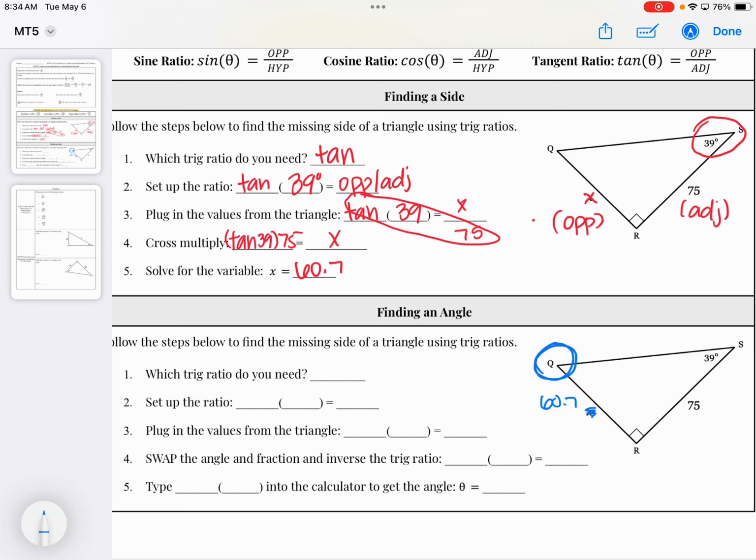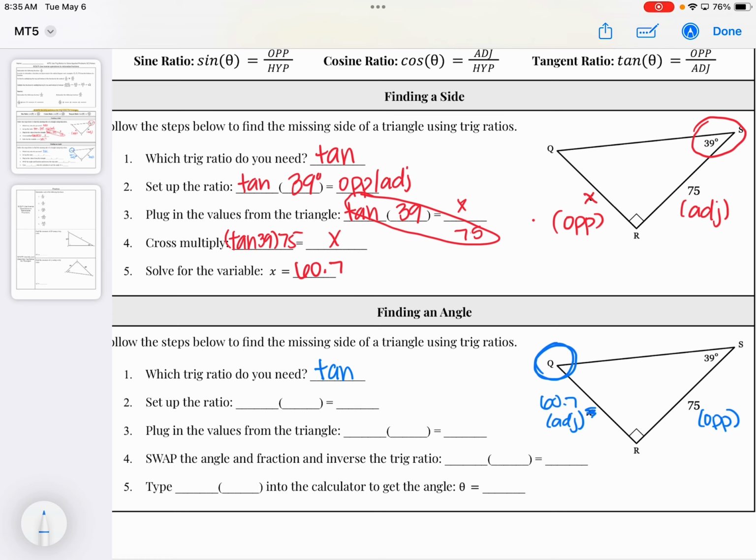So we have two sides. In relation to angle Q, 60.7 is your adjacent. And we're given 75, which is your opposite in relation to angle Q. Which one deals with opposite and adjacent? Tangent. So we're going to use tangent again.